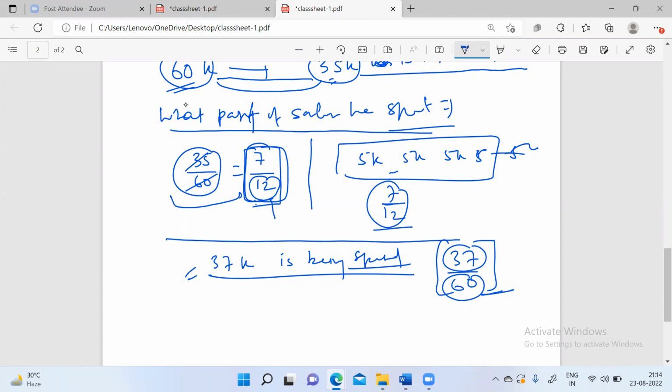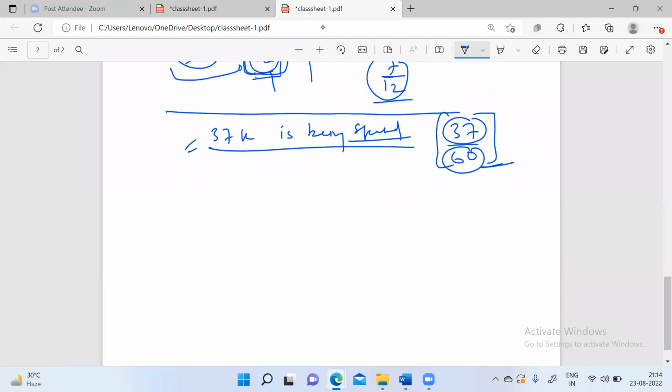Are you getting my point right now? Yes, sir. ठीक है ना? So it's very simple now. So now there's one big, not revelation, but a thing to remember. It's not necessary that parts are smaller than the total only. In some cases it can be greater than the whole.